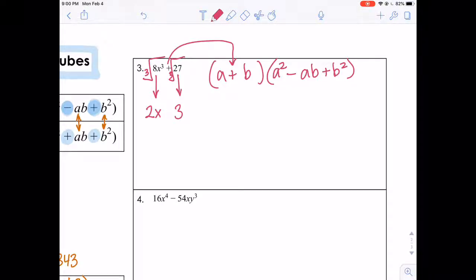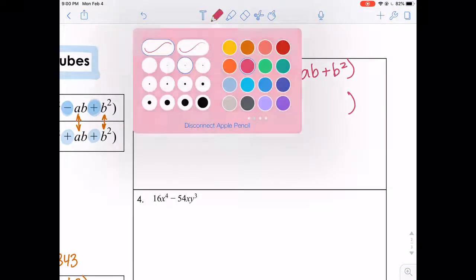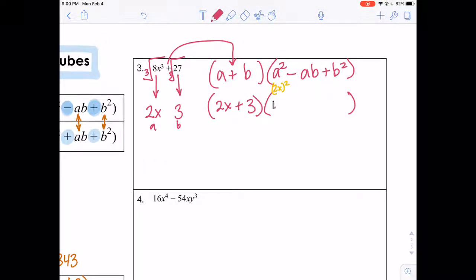So for this one, this is going to be a, this is b. So I have 2x plus 3. And then for my a squared, I have 2x, and 2x is being squared. The whole 2x is being squared, which means that squared is going to go onto both pieces. It's going to make 4x squared.